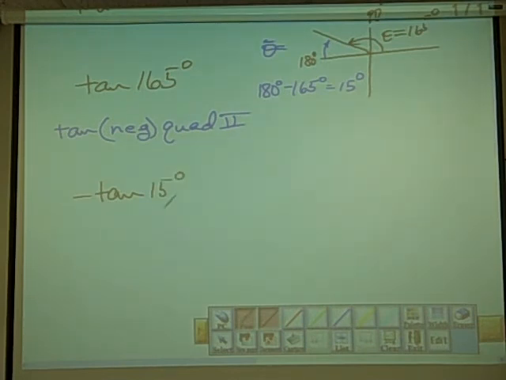Okay, so from there, we look at what two angles add or subtract. We need a tangent of either s plus t or tangent of s minus t.